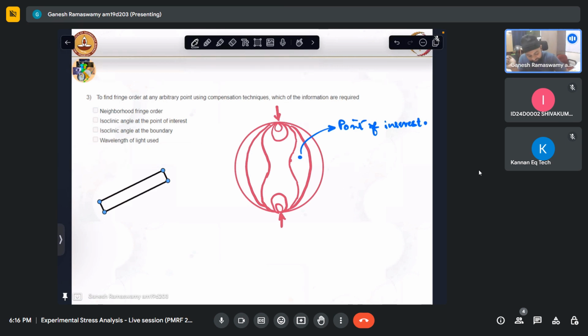So essentially, we need the neighborhood fringe order. What is the neighborhood? The neighborhood of that point. So we will rotate it such that either this fringe or this fringe passes through that point, and then we'll suitably add or subtract to identify the fringe order at that point.